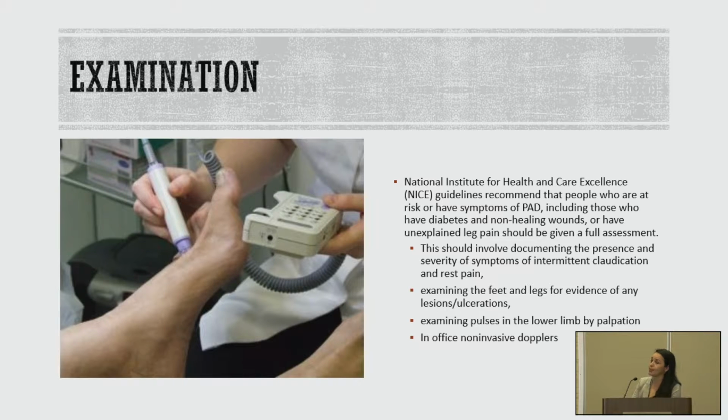When we do our examinations, it should be routine for us to assess lower extremity vascularity by just feeling the pulses, a very simple examination. But in my office, we do routine Dopplers just to make sure, because a lot of these patients have a lot of local edema, so we won't be able to palpate the pulses. So being able to assess vascularity is a primary screening tool.